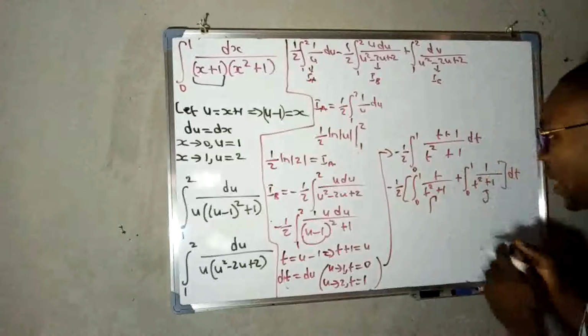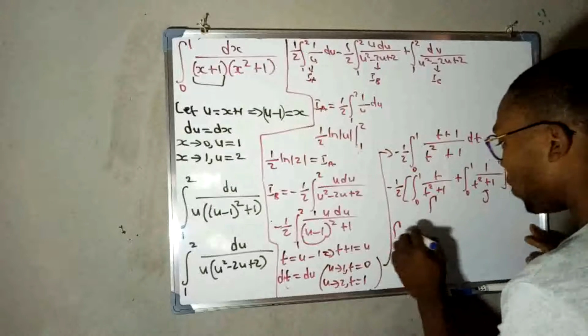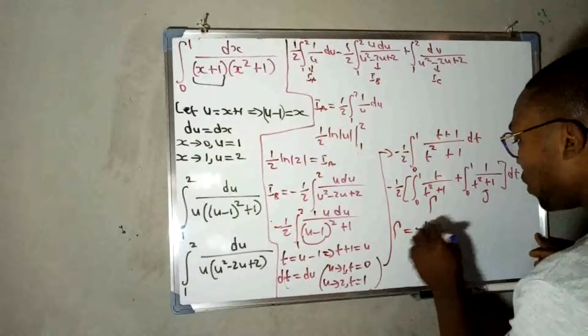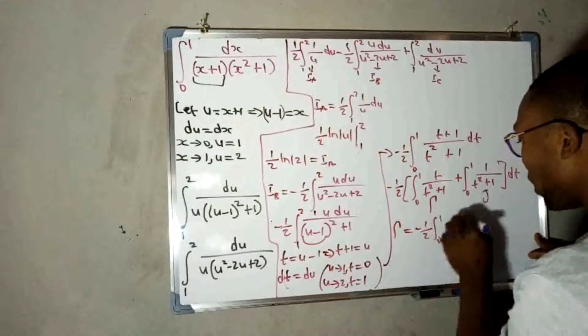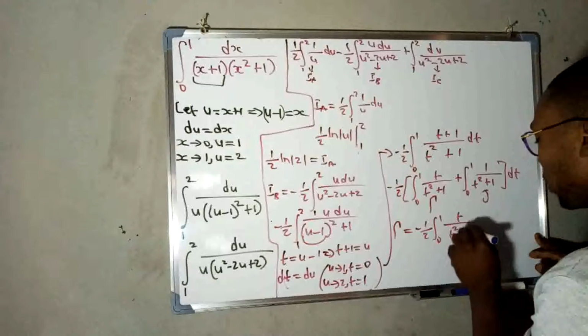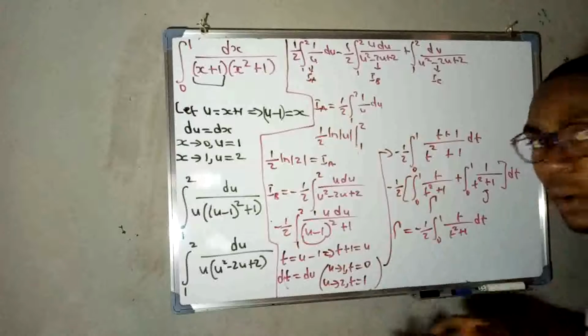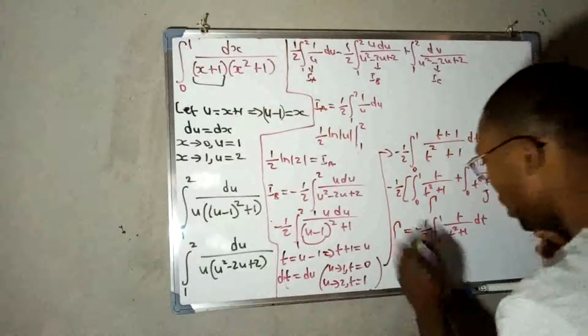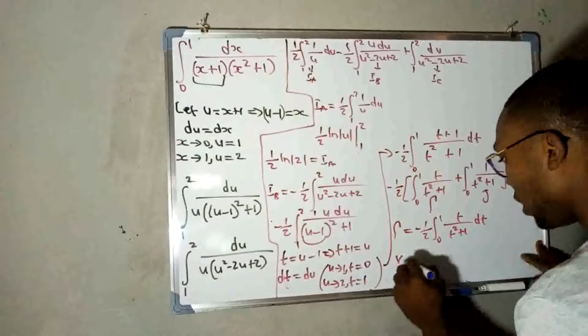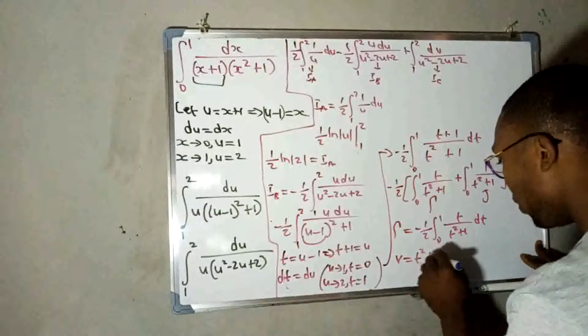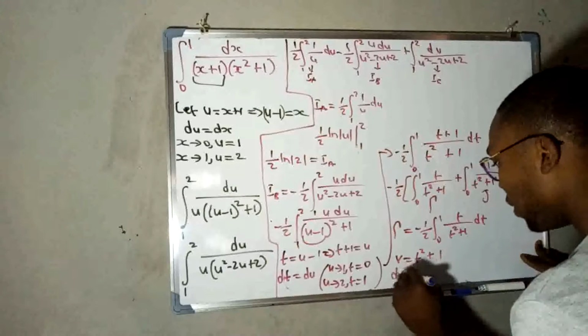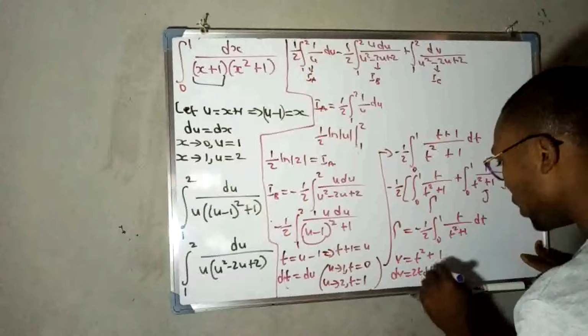Now for my gamma, which is equal to minus 1 over 2 integral 0 to 1 of t over t squared plus 1 dt. Now we'll apply our substitution once again. Now I'll be using my v. Let v equal t squared plus 1, and here I have dv equals 2t dt.